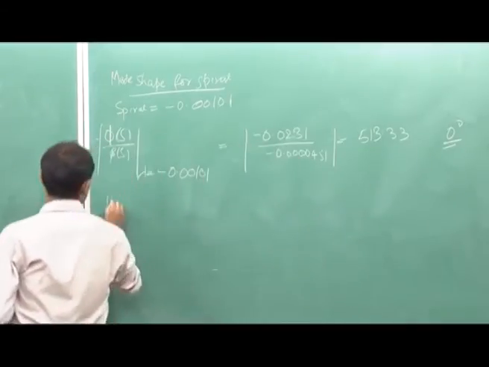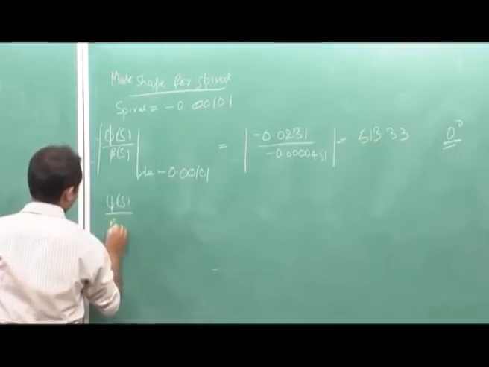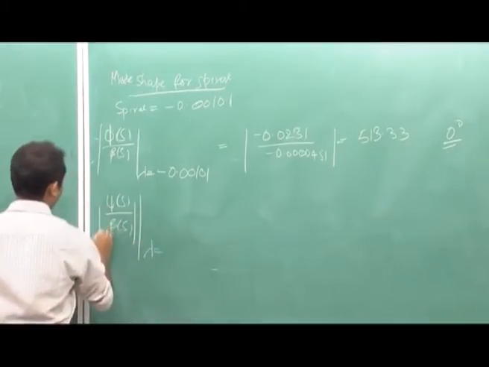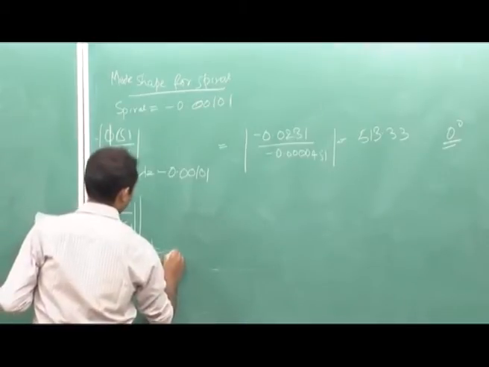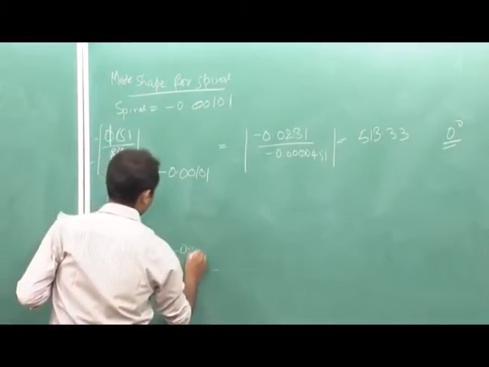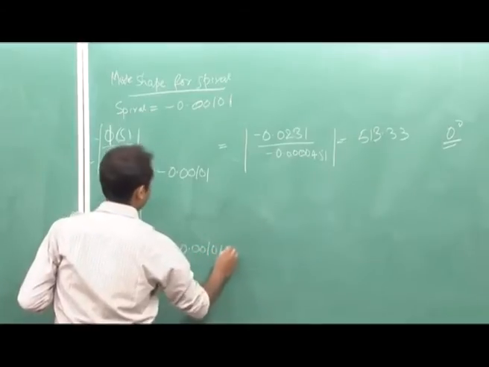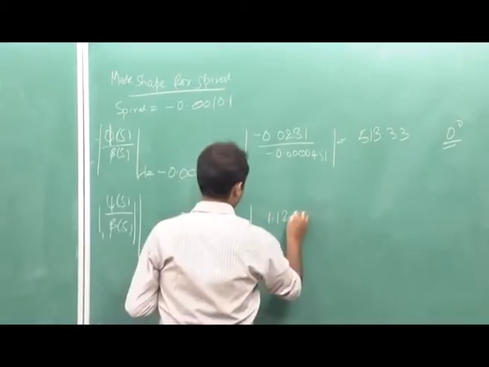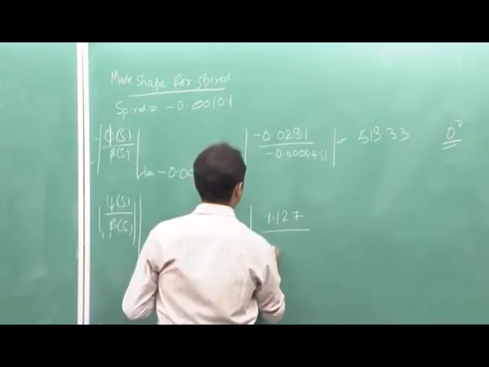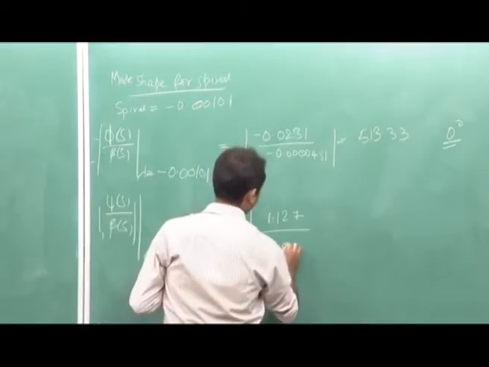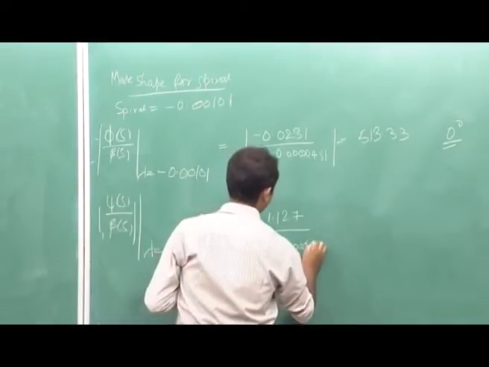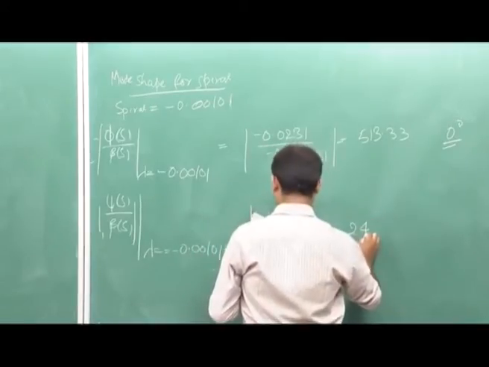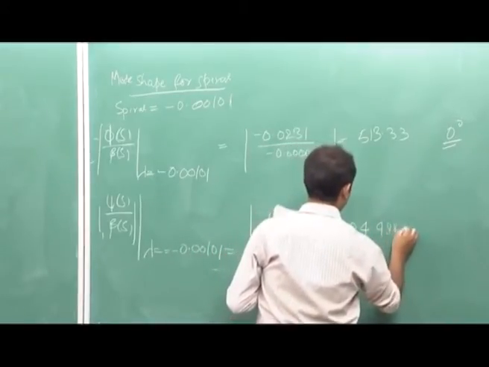Similarly, magnitude of psi(s) upon beta(s) at lambda equals -0.00101 will give me 1.127 divided by -0.000451, which is equal to 24,988.9.